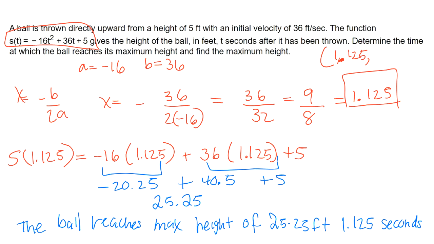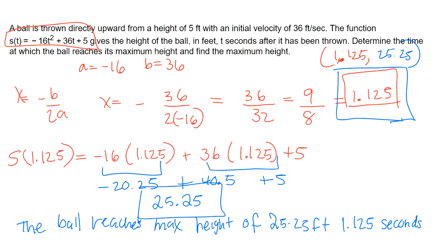So these are the two pieces of information. The two parts you need are 1.125, and the second part is 25.25, and that's all she wrote for that one. Any questions?